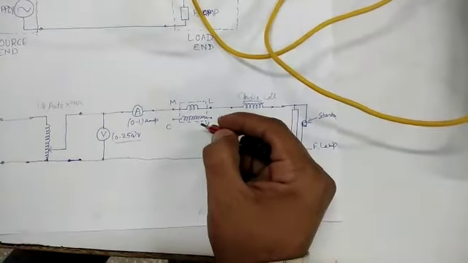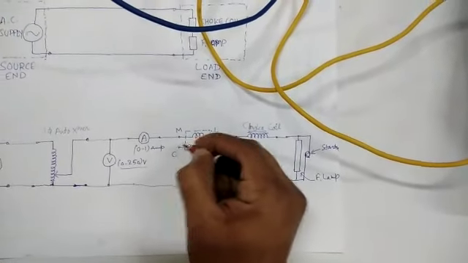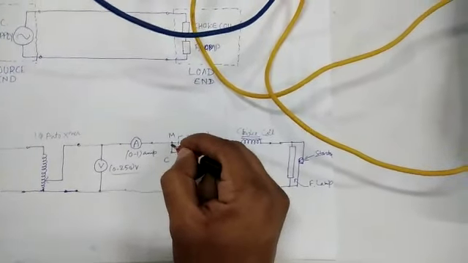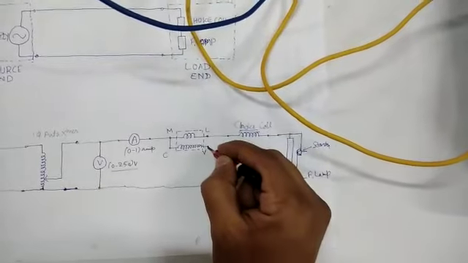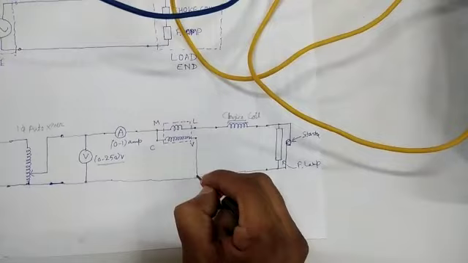So for connecting potential coil, we have to connect C terminal of wattmeter to M and V terminal to the main returning path, like this.